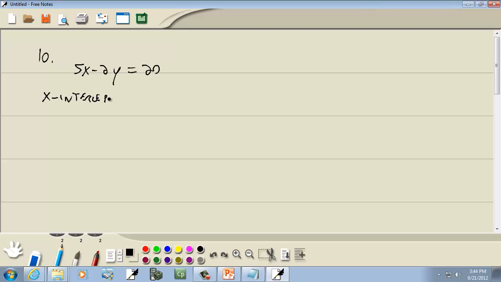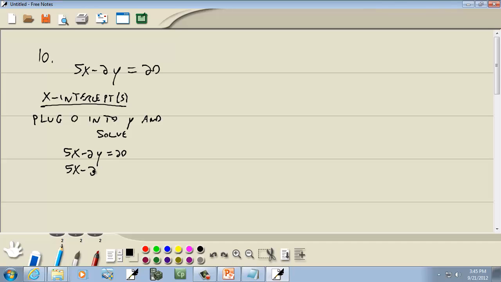Well, let's take a look at our x-intercept. We're going to plug 0 into y and solve.